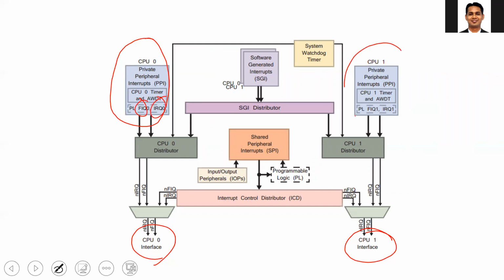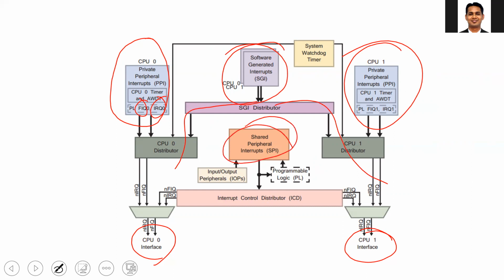The same is true for CPU core 1, and then some of these are selected and passed to the CPU interface. Similarly, there are software generated interrupts, and based upon the type of the interrupt, it can be passed to one of the cores. And there are shared peripheral interrupts coming from the PL or the IOP, PL, or your CPU, this can be used.